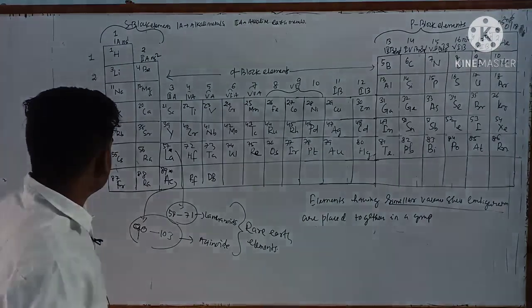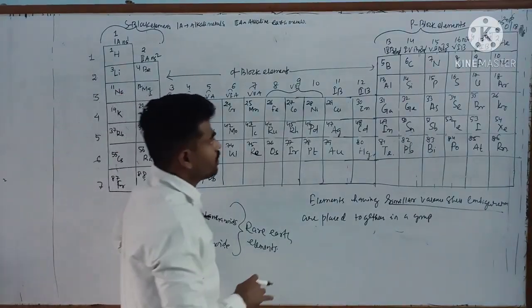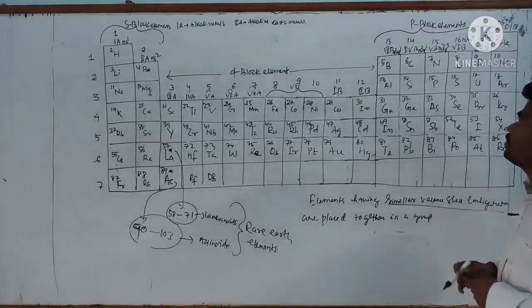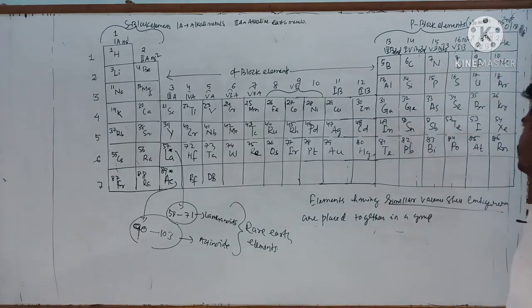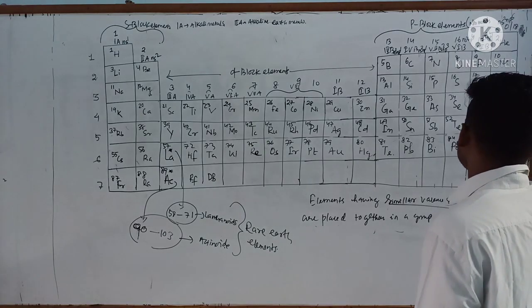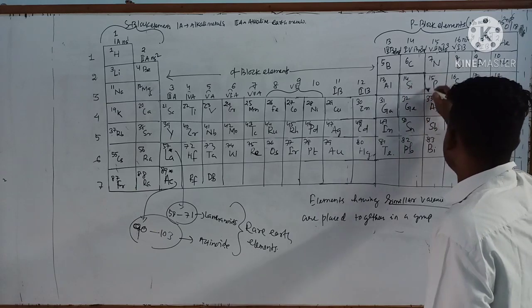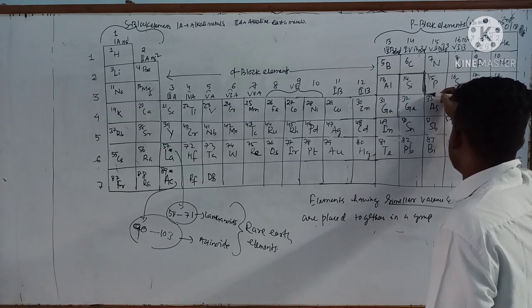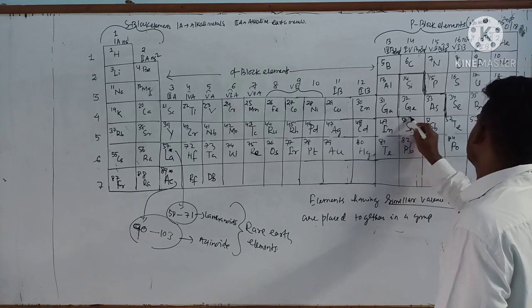Clear? So these are active metals placed in group 1 and 2, and from group 13 to 18, these are p block elements or non-metals. So from this, silicon, germanium, and arsenic, is that clear?